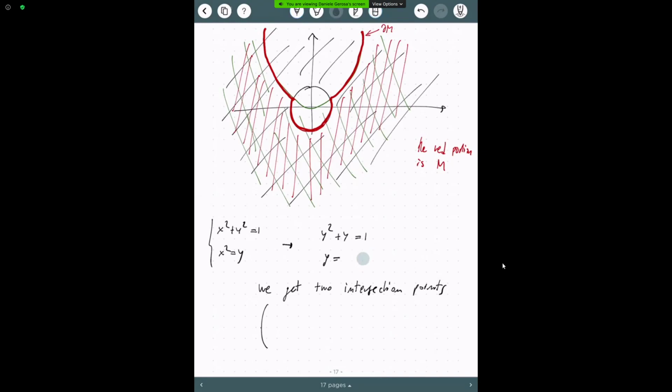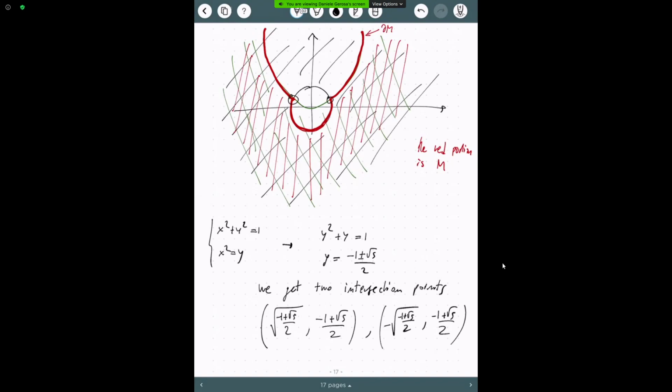This is minus 1 plus or minus the square root of 5 divided by 2. Okay, so now we have to take the plus sign, because the minus sign doesn't give us the intersection. So we have minus 1 plus square root of 5 divided by 2, the positive root here, and the other one will be the negative root, minus plus square root of 5 divided by 2. So these two points are essentially this one here and this one here.